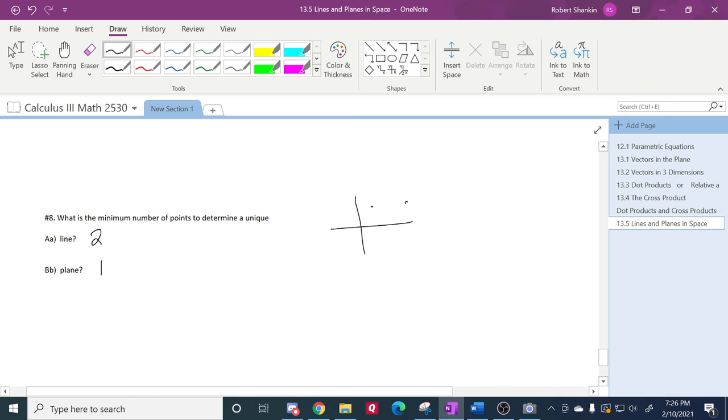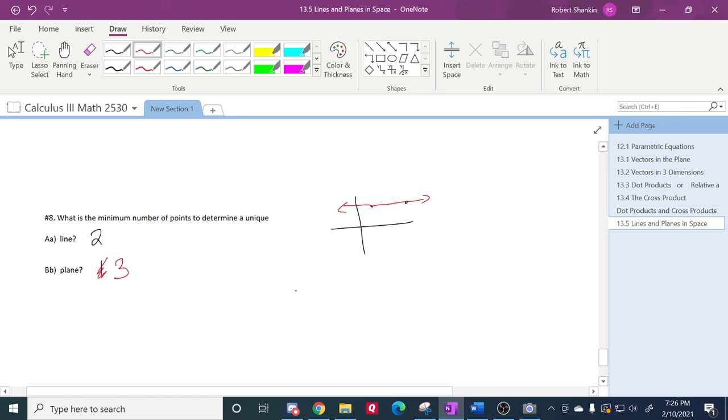If I have 2 points, that determines a unique line. Although actually, wait, would it be 3 points for a plane? Why 3? Well, I was just thinking of how we talked about earlier, how we could draw the 3 different points from the equation, and from those 3 points we could create the plane.